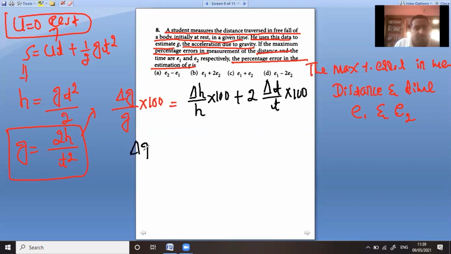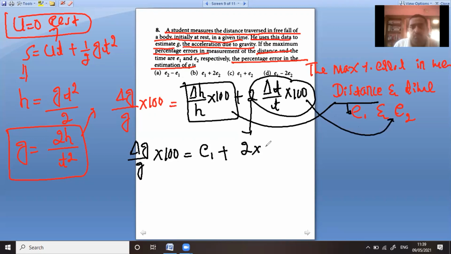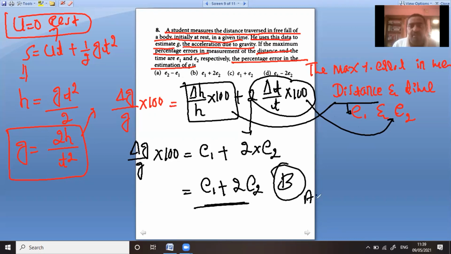What is the given value? The percentage error in distance is E1, plus 2 as it is into delta T by T into 100, which is E2. So the final answer is E1 plus 2 E2. That is the answer. Option B is the correct answer.